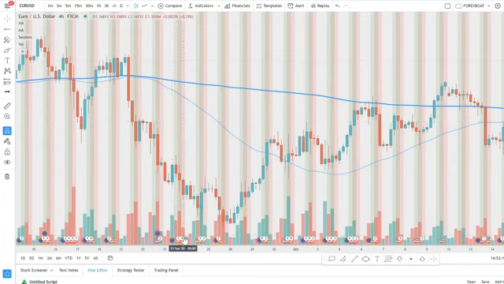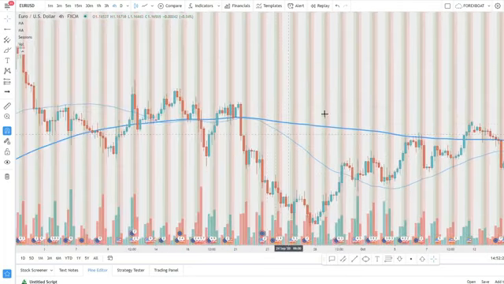So speaking about the day trader or swing trader, what is the best time frame and whether you should use multiple time frames? Well, from my experience, it's better to use multiple time frames, of course, because you have more information, but it takes more time. It's really time consuming.